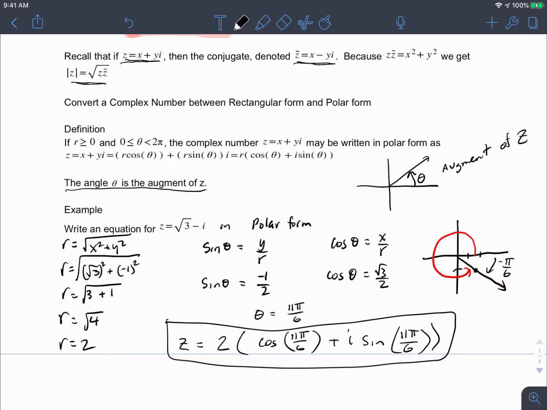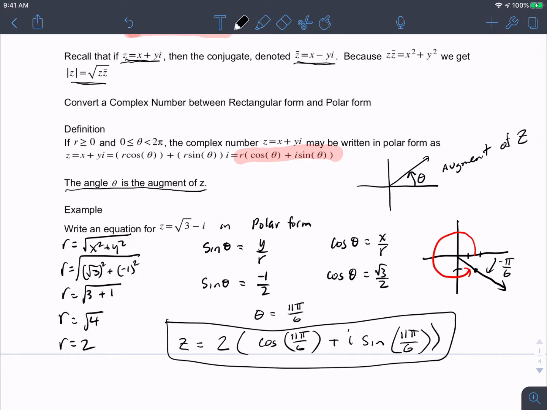And that comes from the previous chapter, or actually from right here. It's right here that we get our equation for you to have in polar form. So we can see it's r cosine of the angle plus i sine of the angle. It's not too bad, but it'll take a little bit of practice.